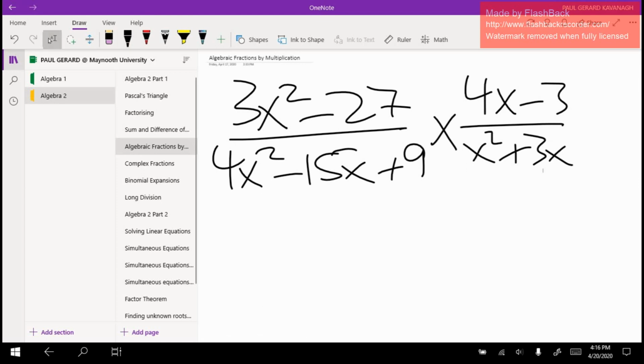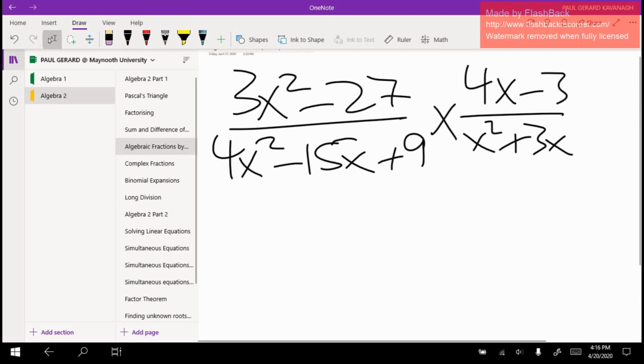So now you have a look at that and you see if you can simplify or factorize it. Steps you always remember: number 1, simplify. You can't really simplify any of them off the top of your head. So what you do next is factorize.